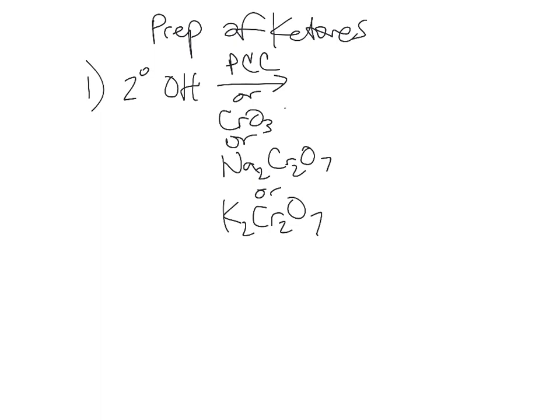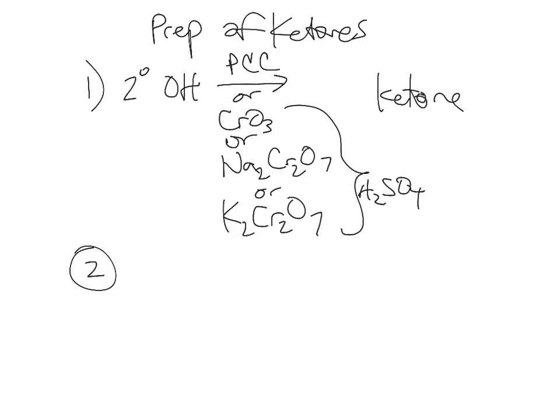All of the chromium reagents here require sulfuric acid with them, and you'll end up with a ketone. Second option, so that was our oxidation option. Here's our reduction. So you can react acid chlorides.